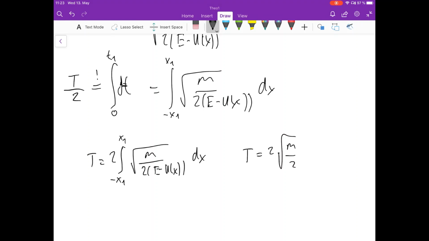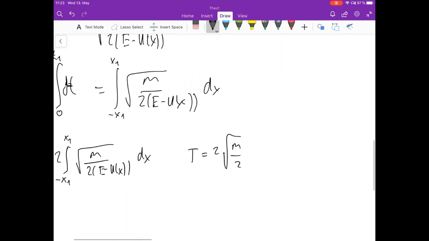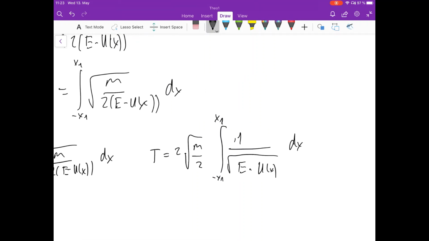So let me write it down. Then t is going to be equal to 2 times the square root of m divided by 2, and the integral of 1 divided by the square root of e minus u of x, no 2 this time, I plugged it out, dx from minus x1 to x1.